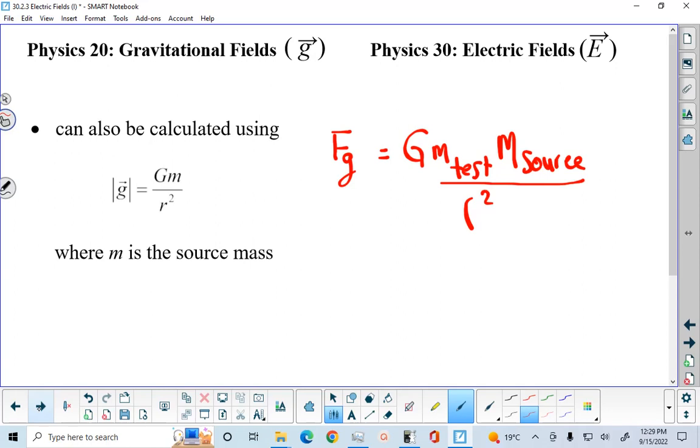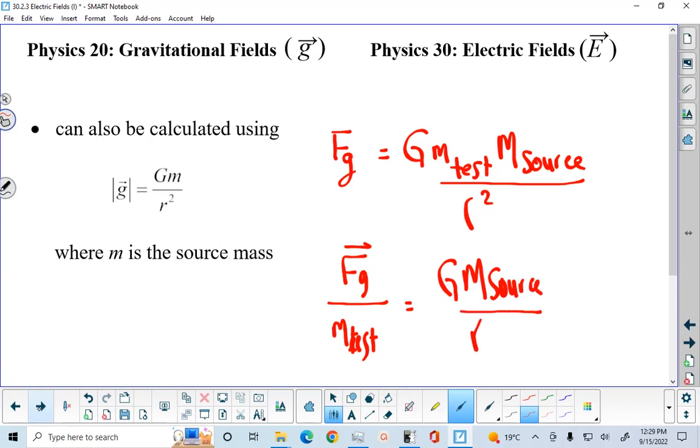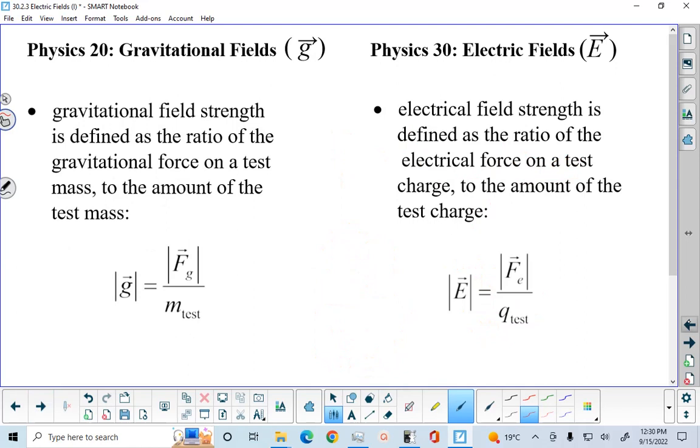If I divide both sides of this by the mass of the test object, I get G times the mass of the source over r squared. But listen, this thing, if you just look up on your handout, it's equal to gravitational field strength.